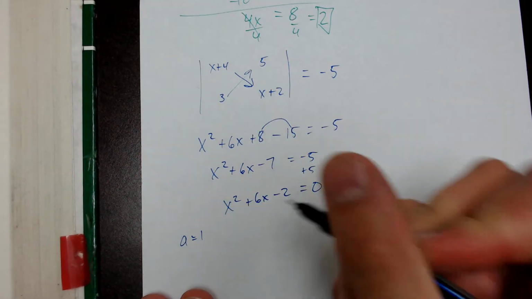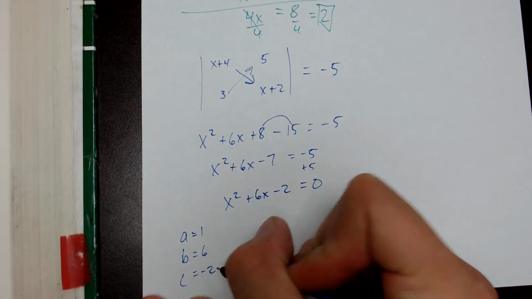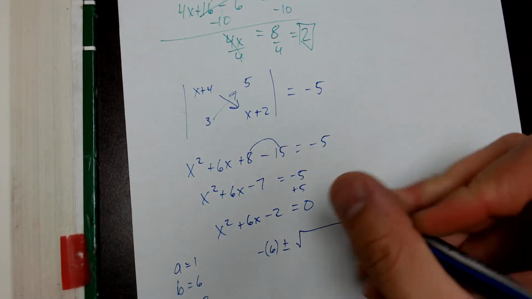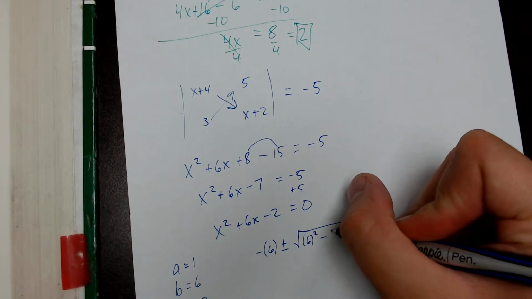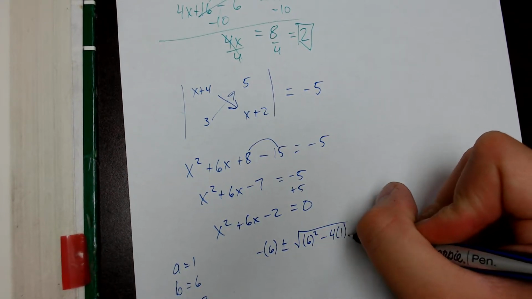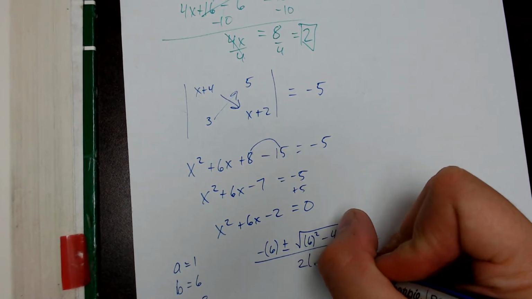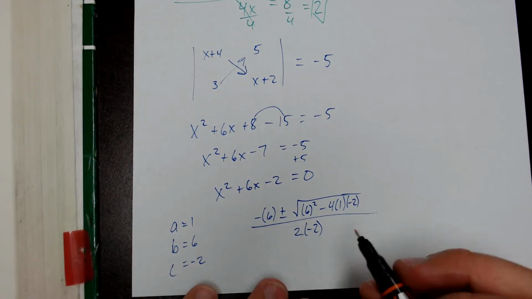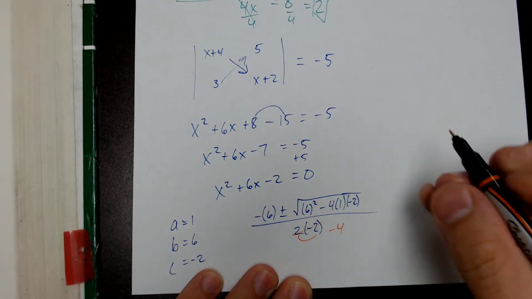So A is going to equal 1, B equals positive 6, and then C equals negative 2. So I've got negative 6 plus or minus square root of 6 squared minus 4 times 1 times negative 2, all over 2 times negative 2. All right. So I just plugged quadratic formula into all of that. Let's solve it. Denominator is going to be negative 4.